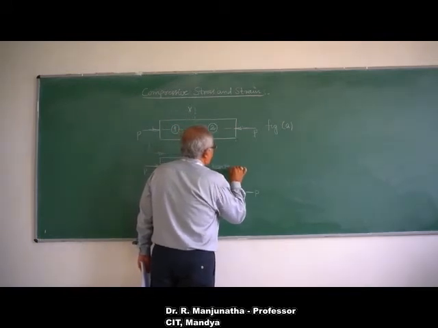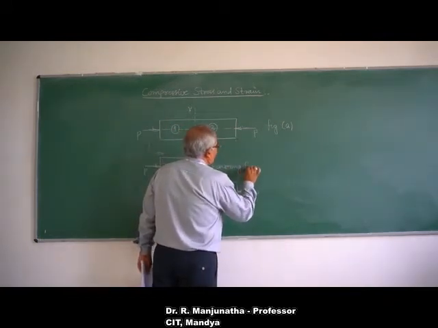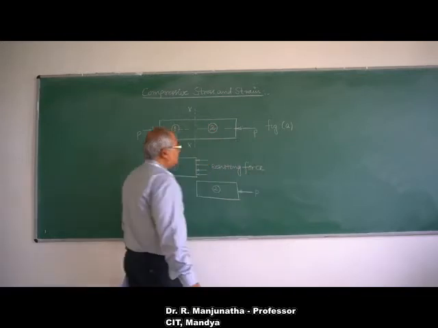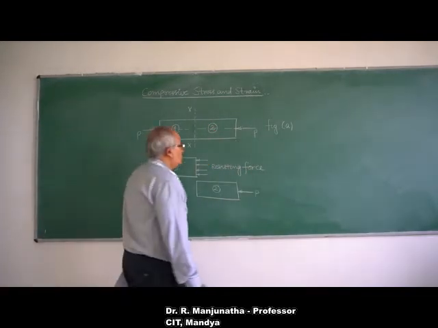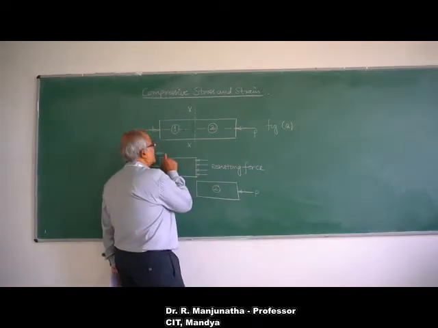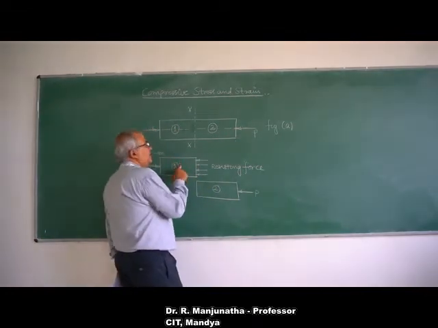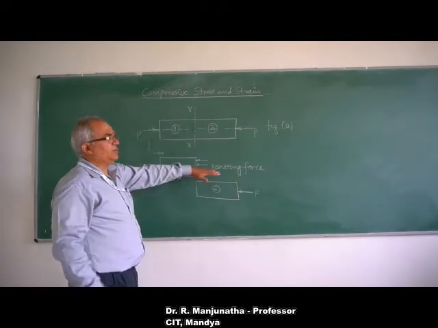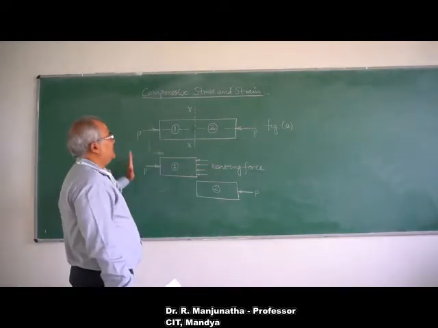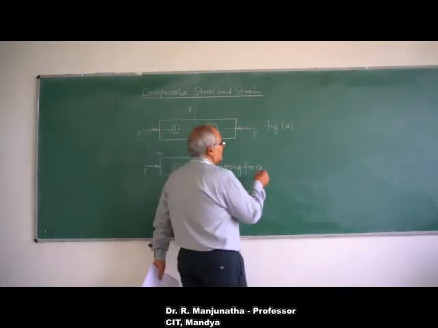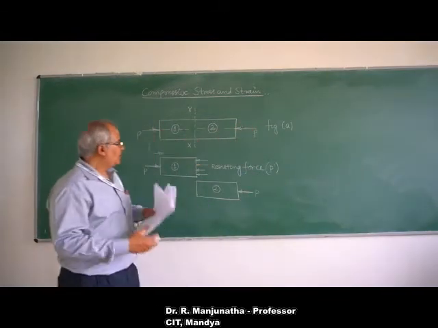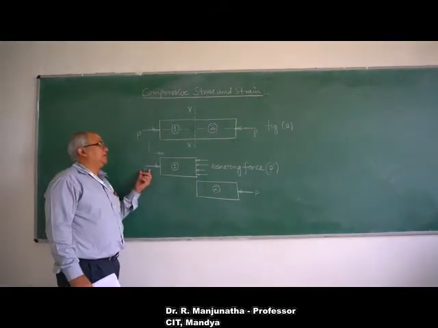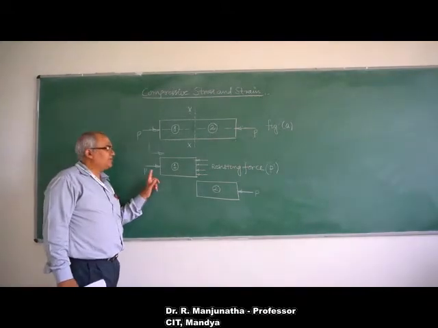What will be the amount of the resisting force acting on the body so that it is in equilibrium condition? Since it has to be in equilibrium, the magnitude of this resisting force should also be equal to P. We will consider this as P dash. Suppose I am applying 100 Newton as the force in this direction.